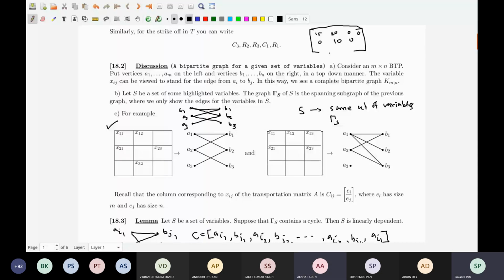No, so your question, I can take it in a better way. Suppose that you have given me this much. Okay, what does it mean? Now, I had a 3x4 transportation array. Are you able to see this 15, 20, 0, 0? I have written.